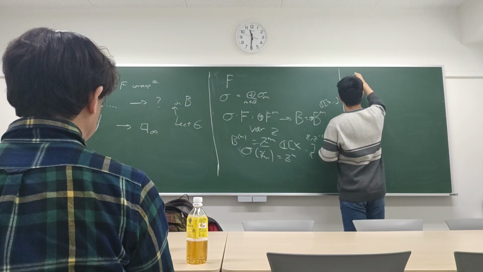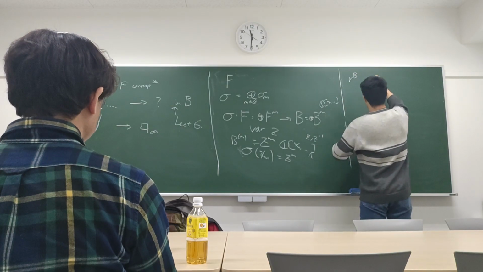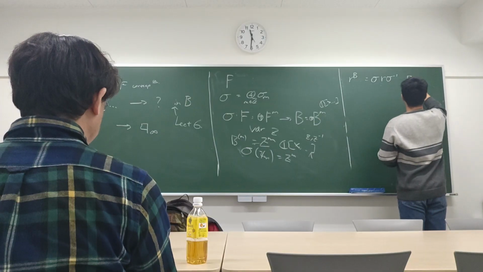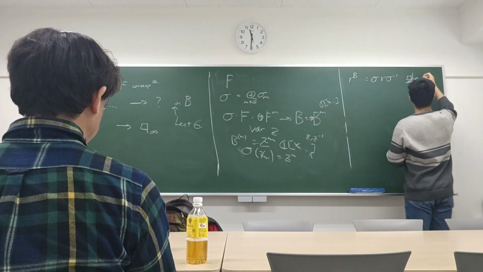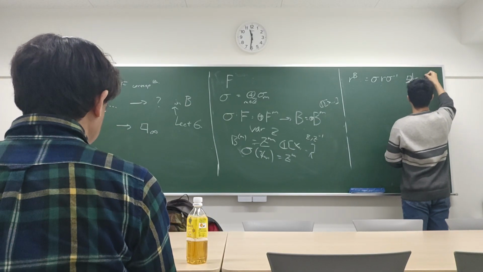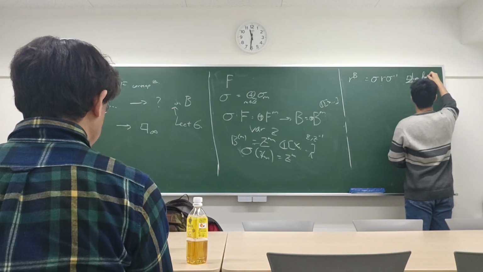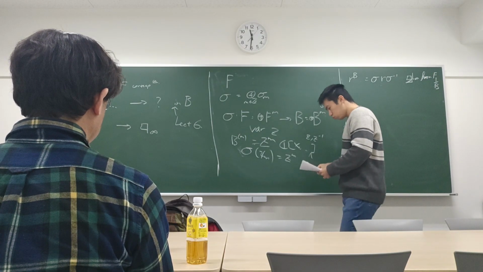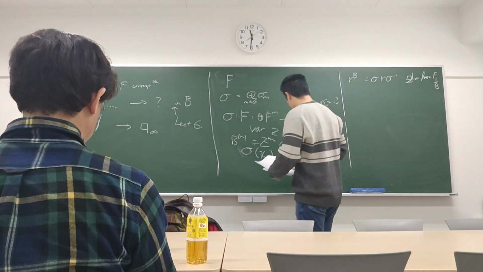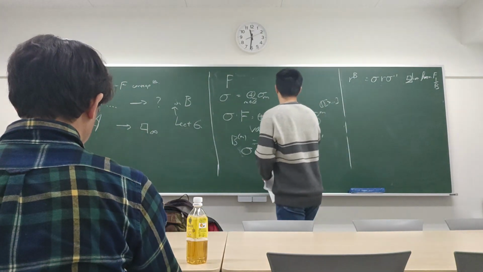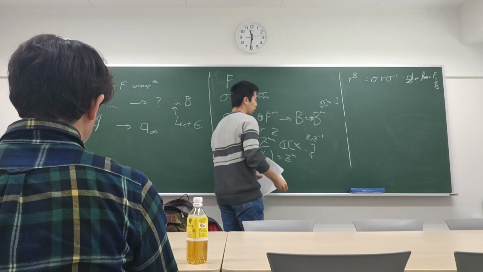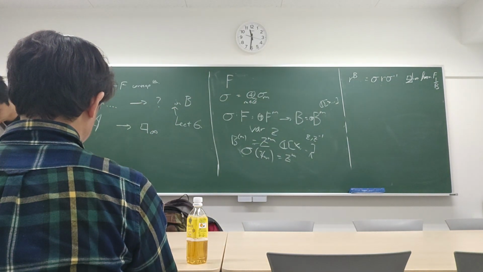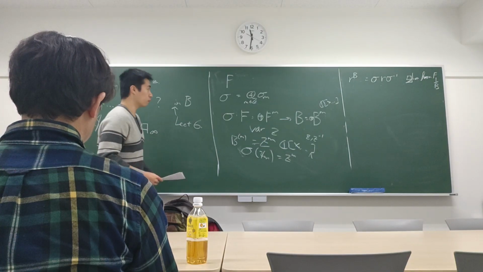So now we have Rb, we let this be the transported representation from GL infinity from F to B. So this B is not the same B as lecture 2. This B is the infinite direct sum of different B's.